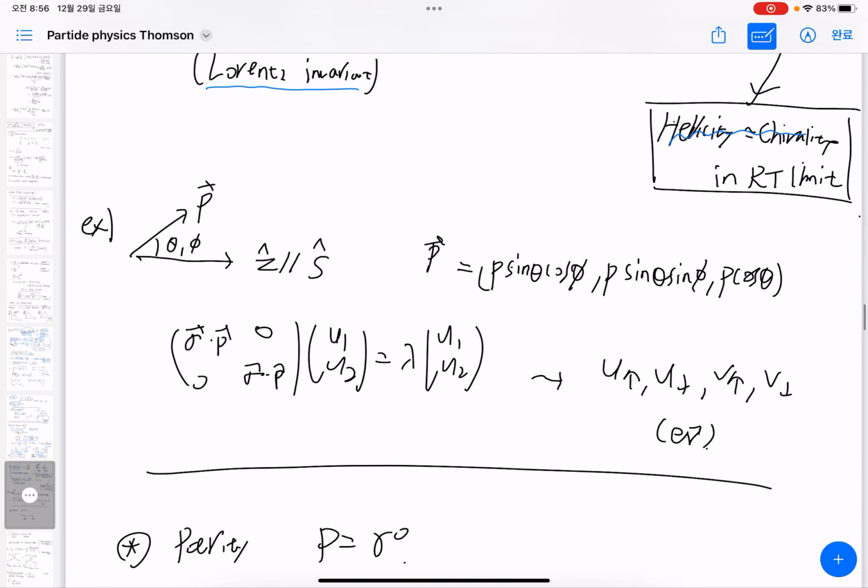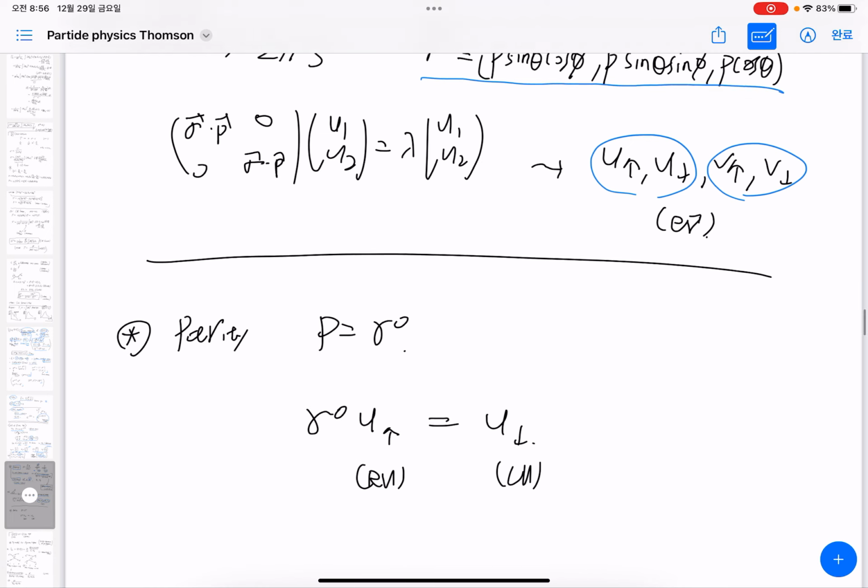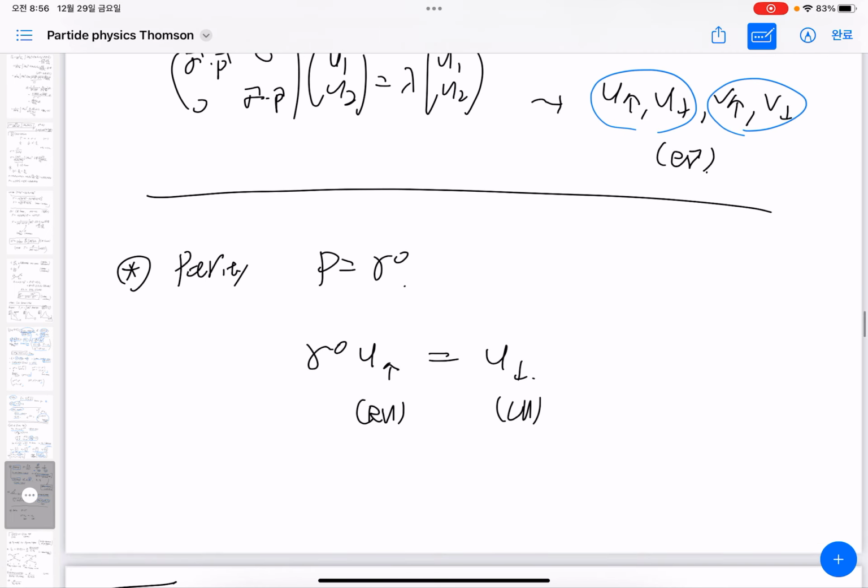So we can assign the helicity eigenstate if the momentum direction is given in some spherical coordinates. Then we can assign the helicity state by the eigenstate. Also, by the parity transformation with the gamma matrix, the right-handed helicity state is converted to the left-handed and vice versa.